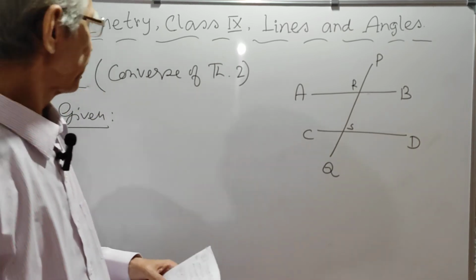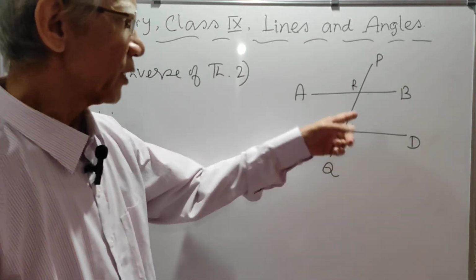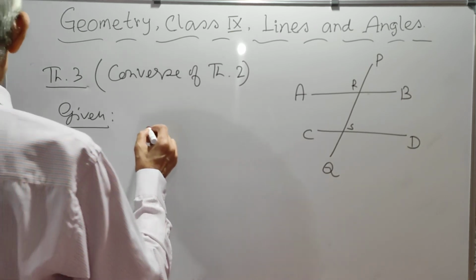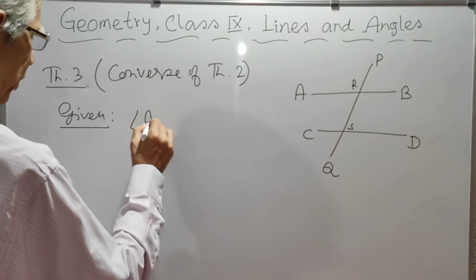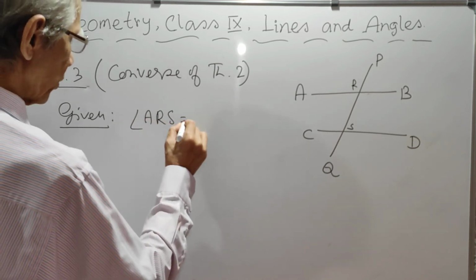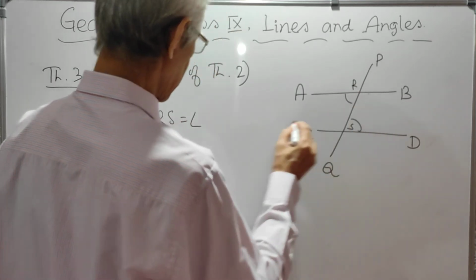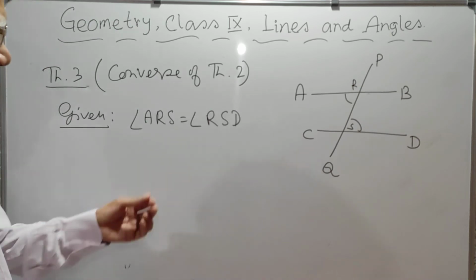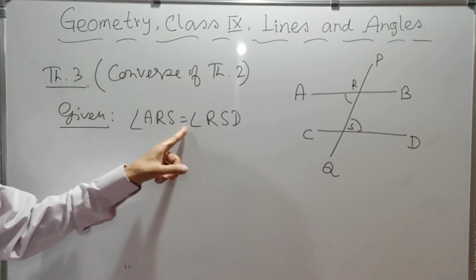Alternate angles are equal. That means ARS equal to this angle, RSD, given. So if you recollect, this was to be proved in theorem 2, but in theorem 3, this is given.